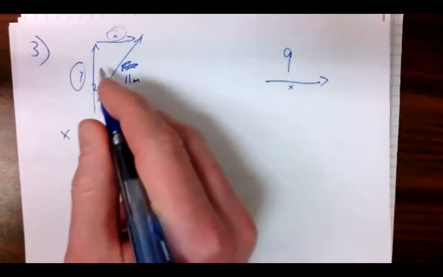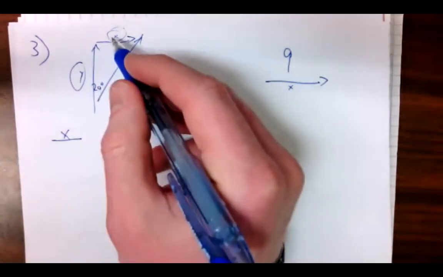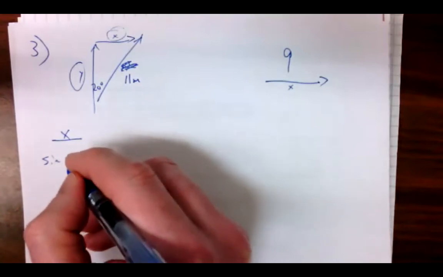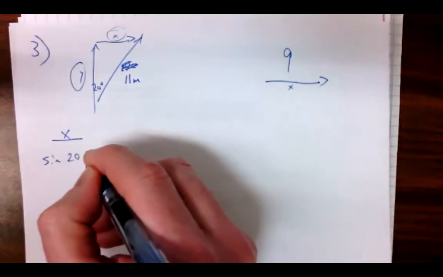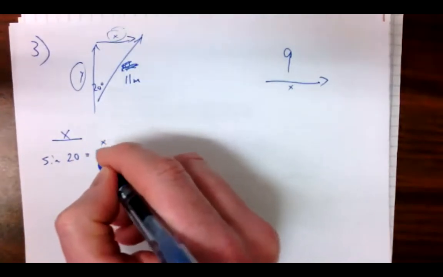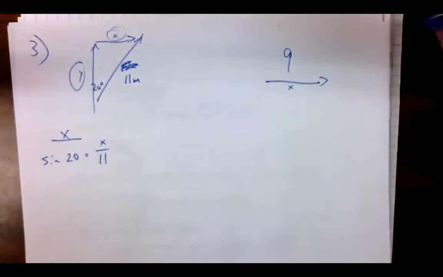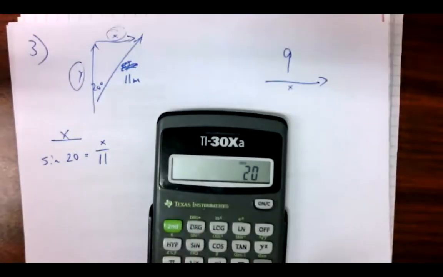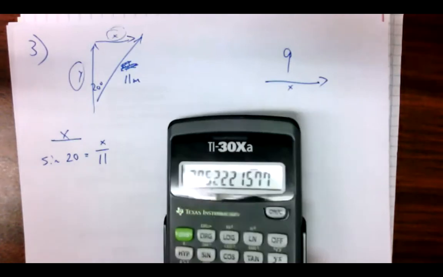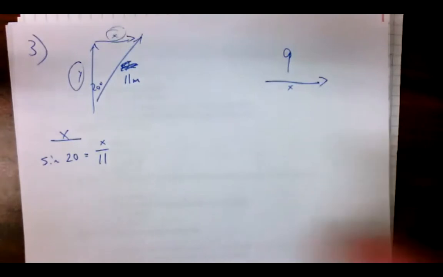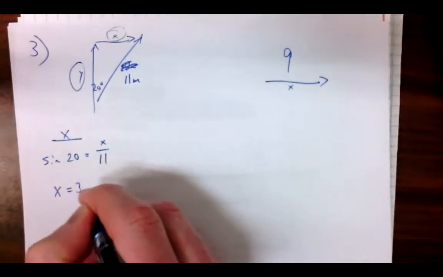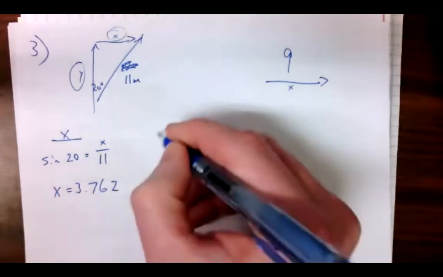So for our x over here, that's opposite. So sine of 20, opposite is x over hypotenuse is 11. 20 sine times 11, 3.762. x equals 3.762.